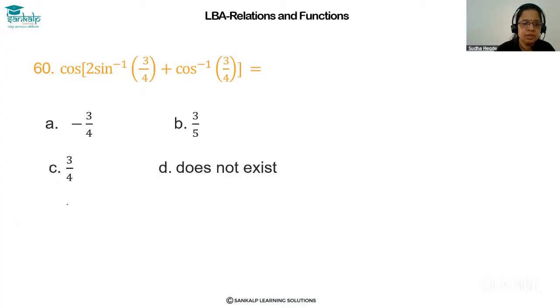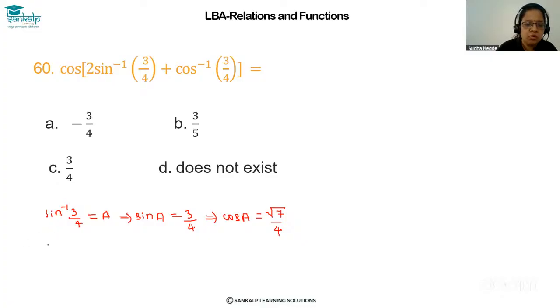So first let me take sin inverse 3 by 4 is equal to A. That implies sin A is equal to 3 by 4. That implies cos A is equal to square root of 1 minus sin square A. If you simplify, you will get it as root 7 by 4.